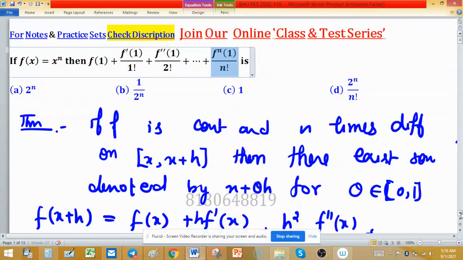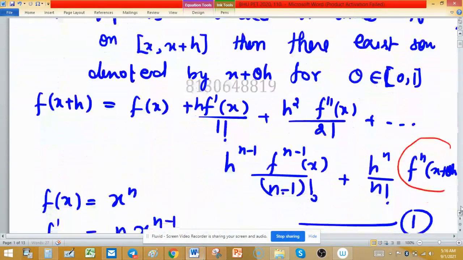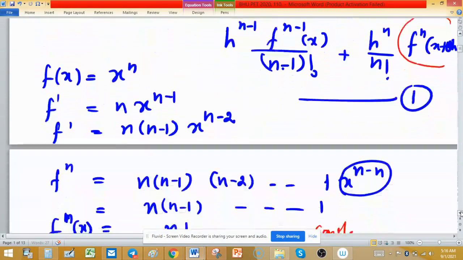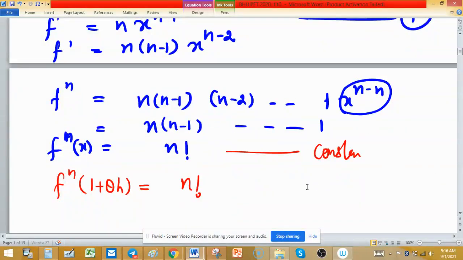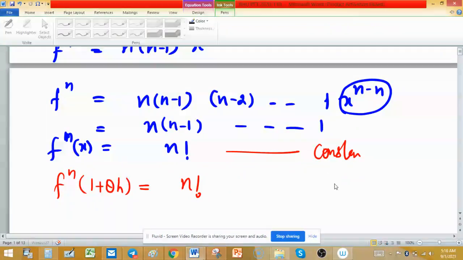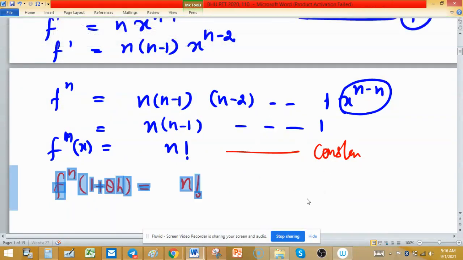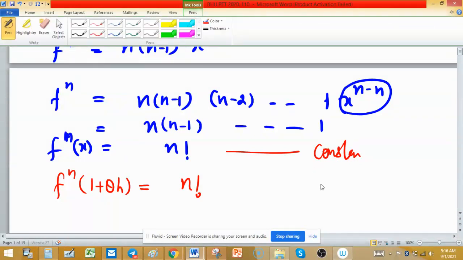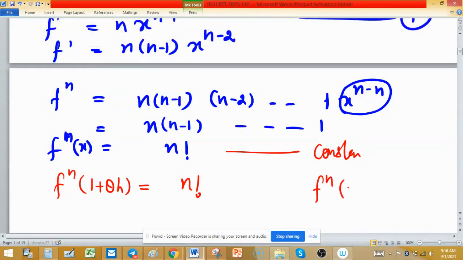So we have to replace this one, as you can see in the red circular part. Because of the constant function, I can replace f^n(1 plus theta h) with f^n(1).